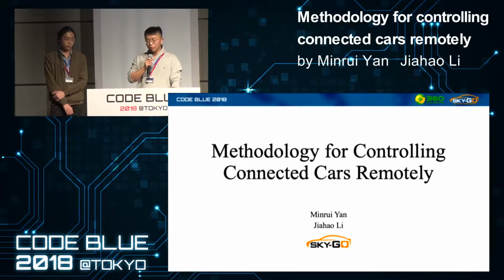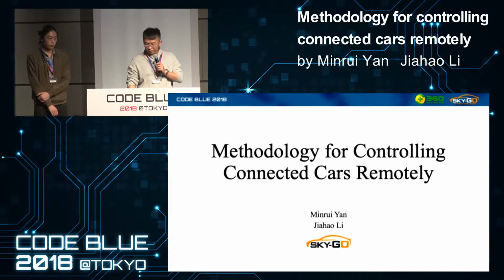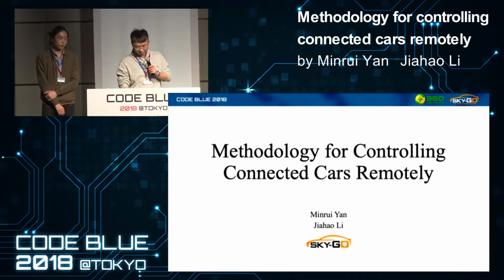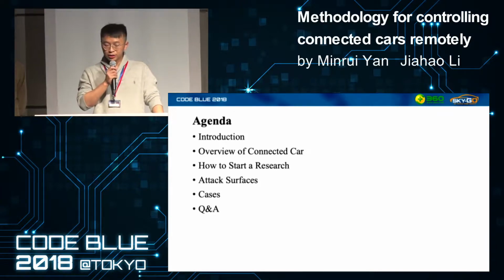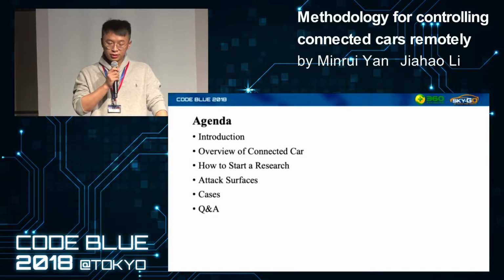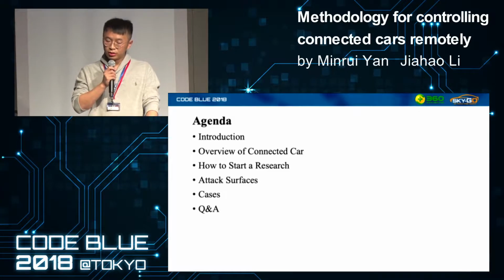Today, we will talk about our methodology about how to control connected vehicles remotely. In this talk, we will introduce our team and what we have done first. Then talk about what is telematics, what is inside and how it works.